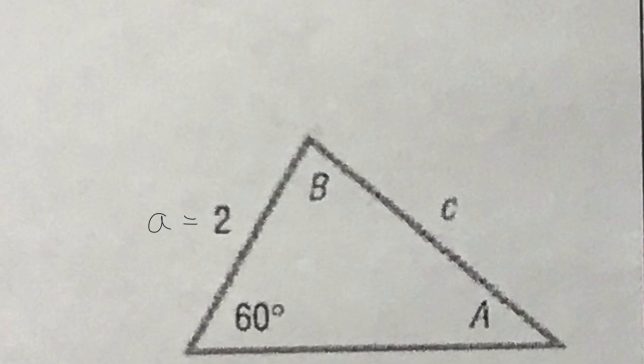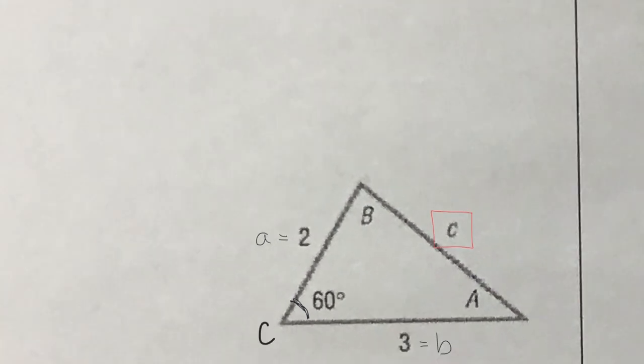So we can use the law of cosines to calculate side C. We cannot set up a law of sines because we don't know the proportion between an opposite side and an angle. So thank goodness we have the law of cosines. This is going to be our angle C that we're going to use in our formula.